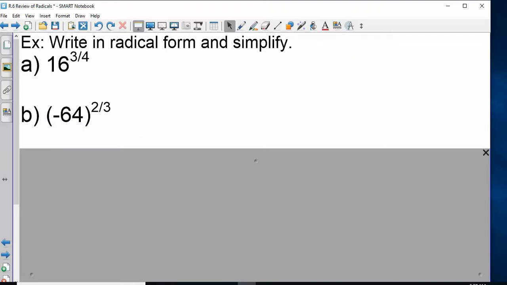We had some with fraction exponents in the last section. So I just wanted to make sure, if I give you that and tell you to write it with a radical, do you know how? So if I said 16 to the 3/4, what does that mean in radical form?